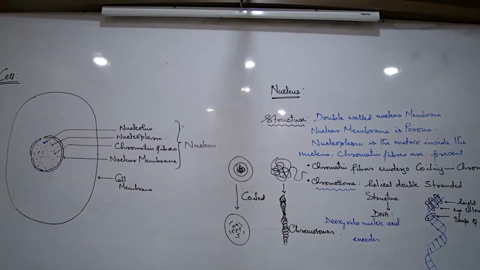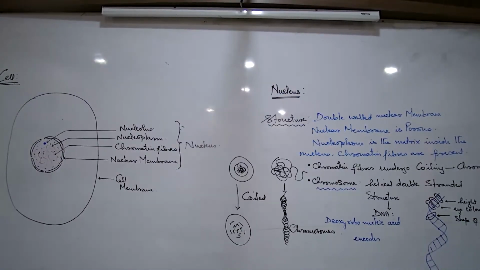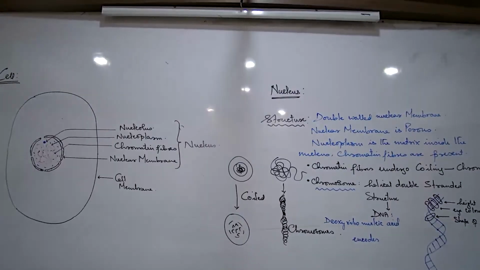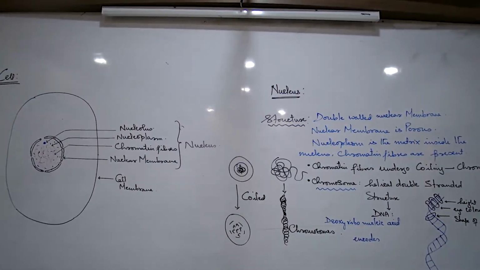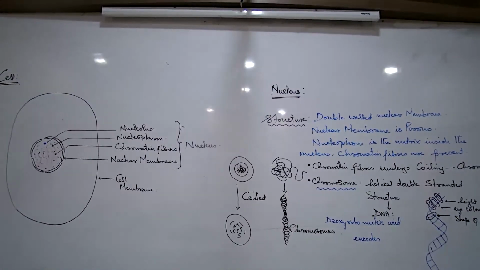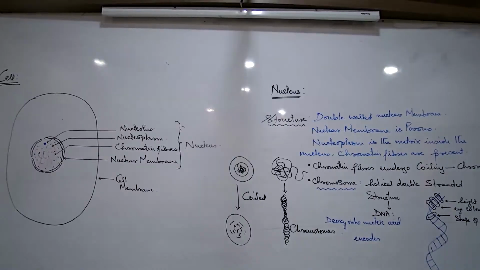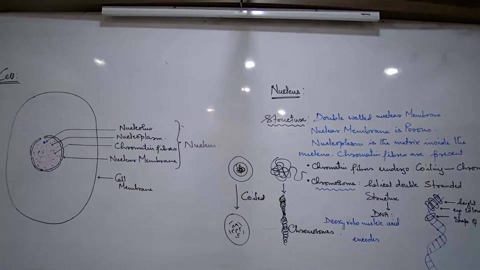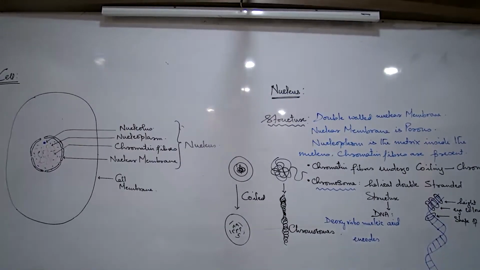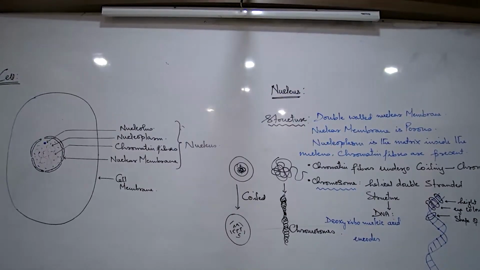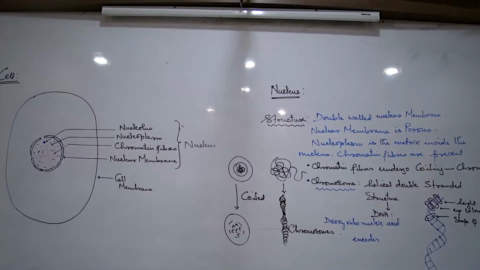Okay, write on the next page: differentiate between chromatin and chromosome. Make a table and write it down.